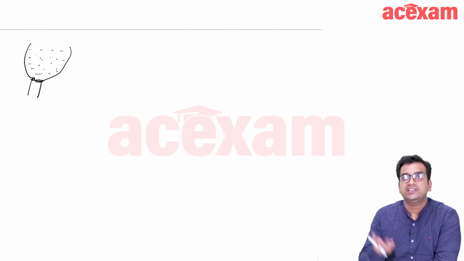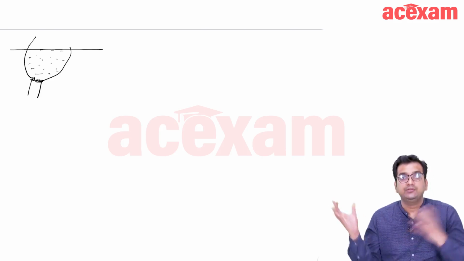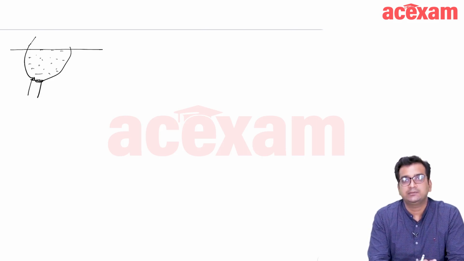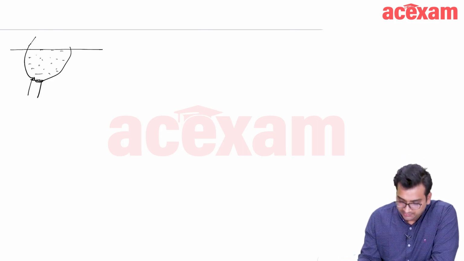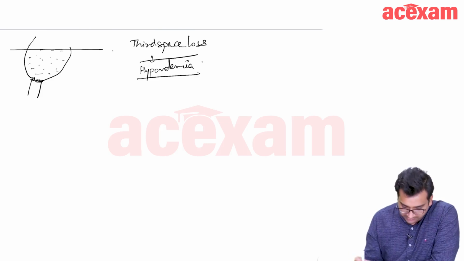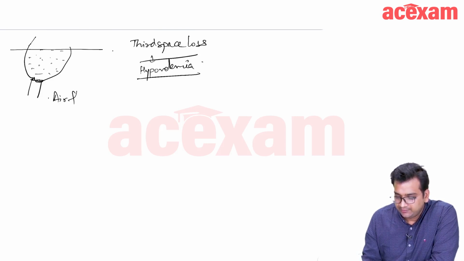The person is also swallowing air, so there will be an air fluid level here, and due to this secretion of fluid inside the small bowel, there will be third space loss. So the patient generally presents with third space loss or hypovolemia. There may be hypovolemic shock.